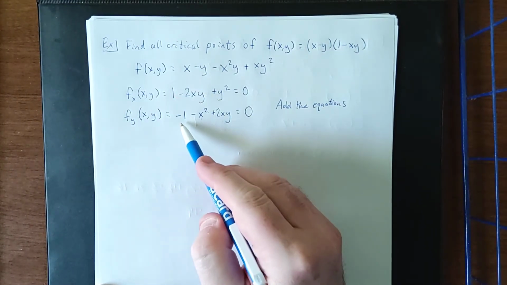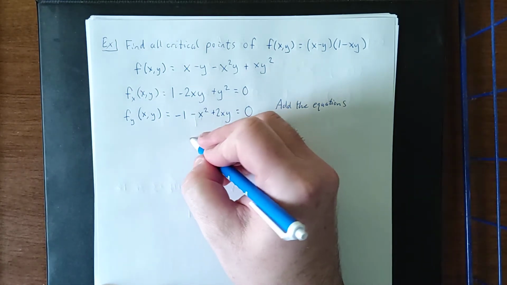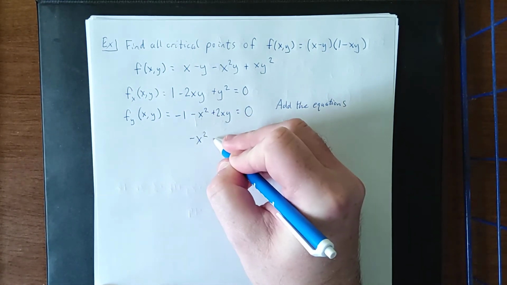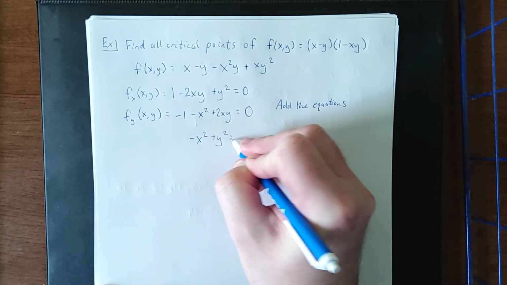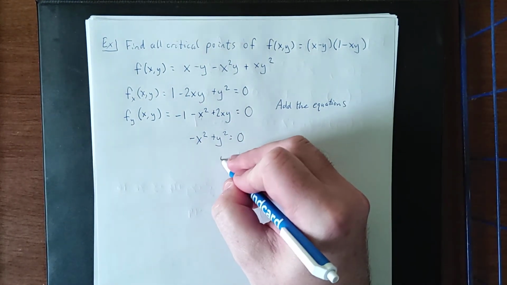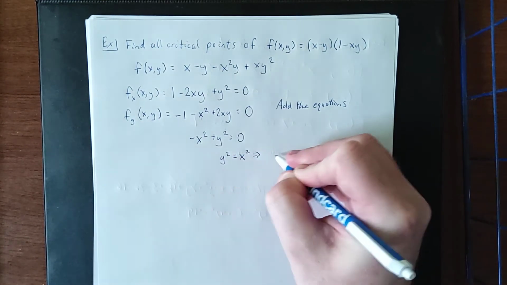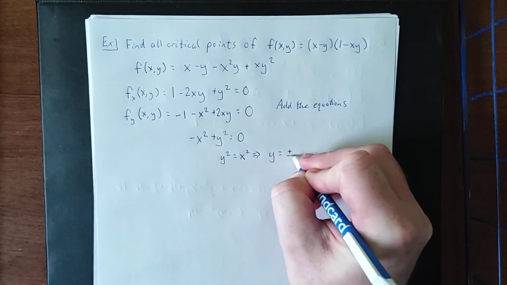So 1 and negative 1 will cancel each other out. Negative 2xy and positive 2xy will cancel each other out. We'll be left with negative x squared plus y squared is equal to 0. This can also be interpreted as y squared is equal to x squared, so then y would be equal to plus or minus x.